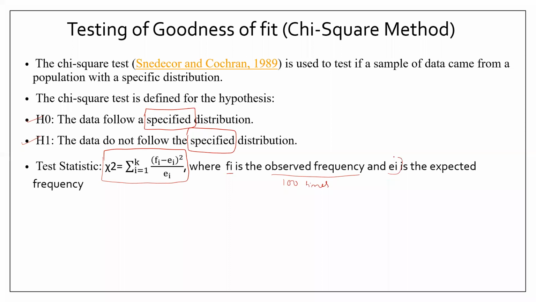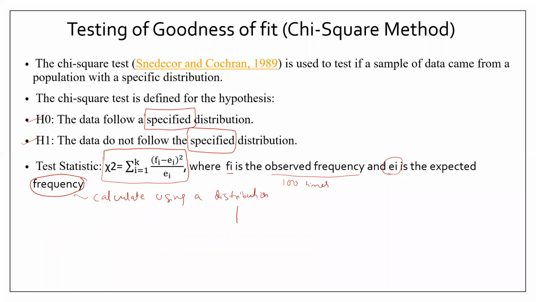Ei is the expected frequency, which we will calculate based on the given distribution.